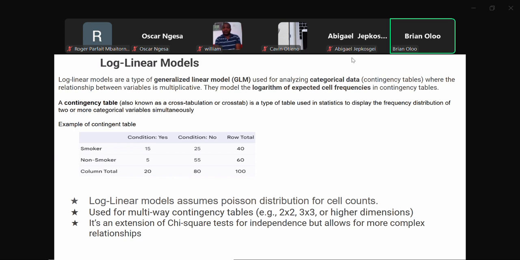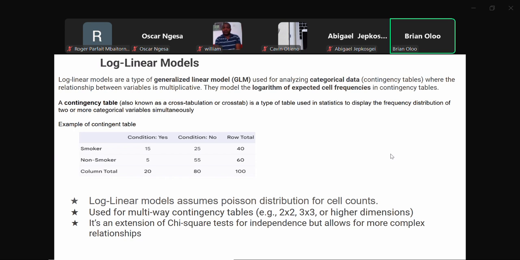The second row is where we have the non-smokers. When the person is a non-smoker and the condition is yes, we have a value of 5, and the next one is 55, and the total is 60.